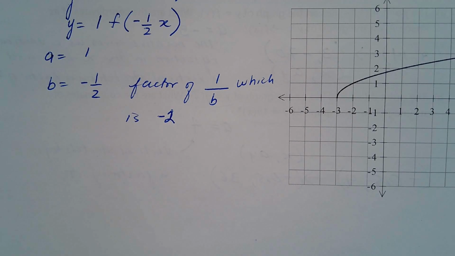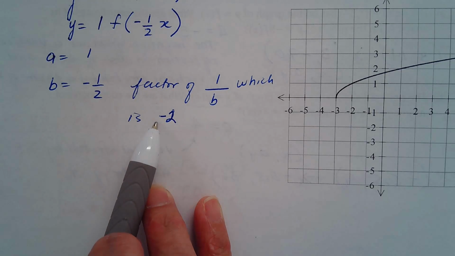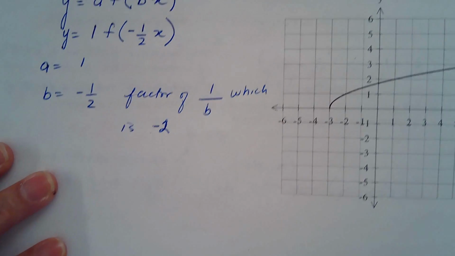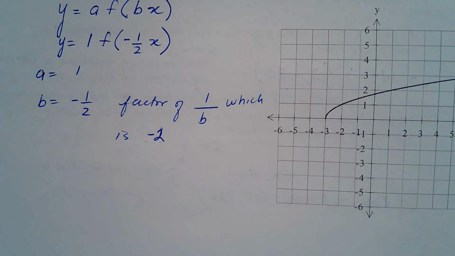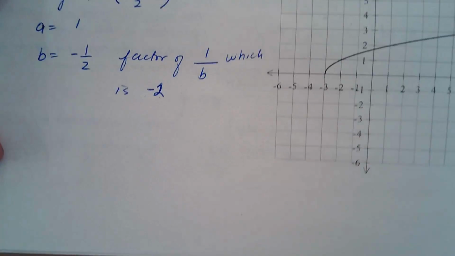So the negative tells us there's going to be a reflection in the y-axis, right? It flips onto the y. And the 2, what is it? It's a horizontal stretching.